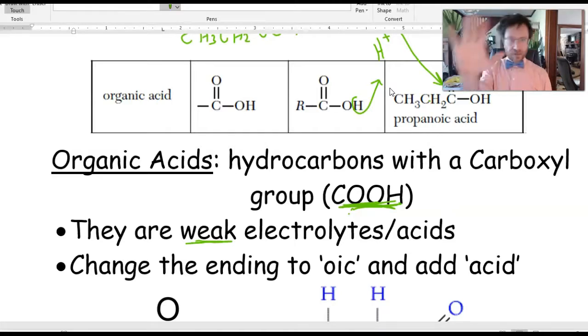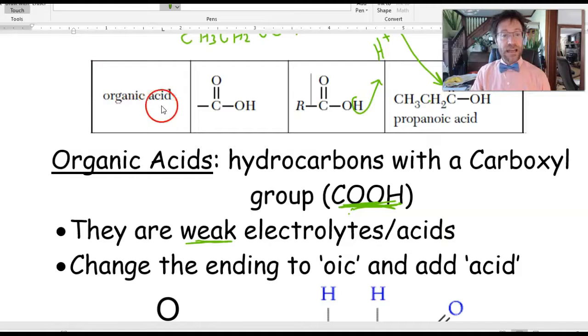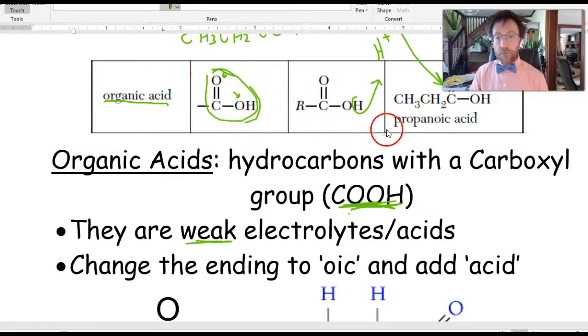So let me take a step back. The organic acid functional group looks like this, right? Where you have, what's it called, a carboxyl. There's your carboxyl group, and a hydroxyl group right there. This is the whole thing, and this is what the name looks like.